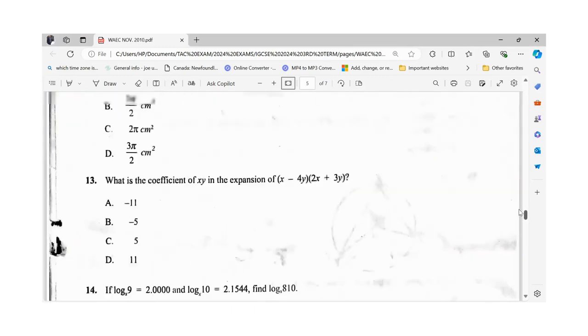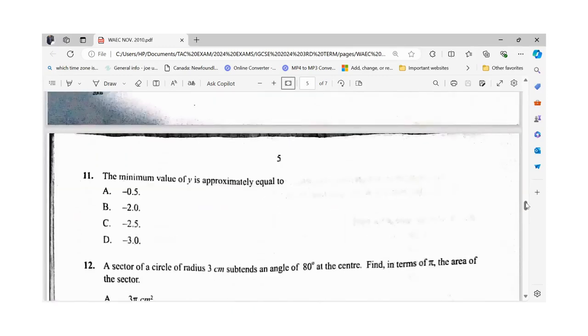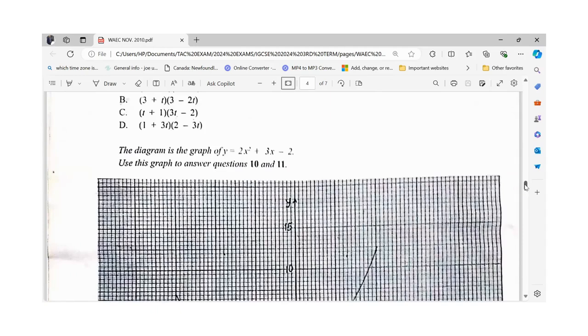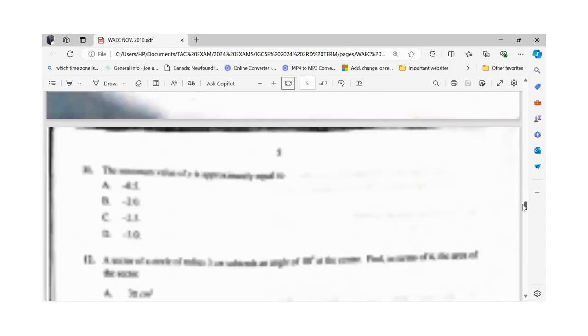Question number 11. It's a continuation of the question from number 10, where we are given that y equals 2s squared plus 3s minus 2. So let's write it down.